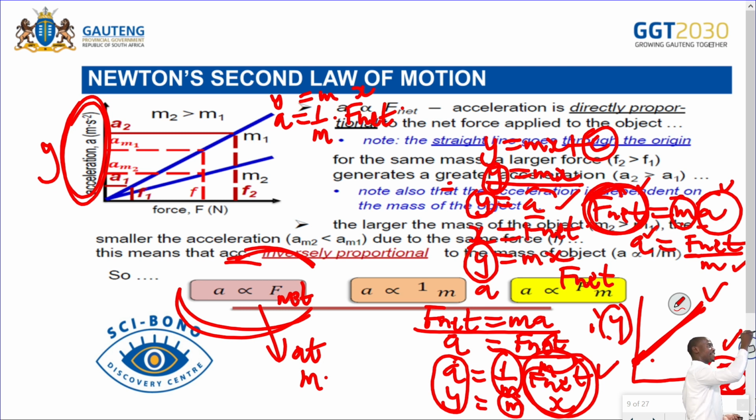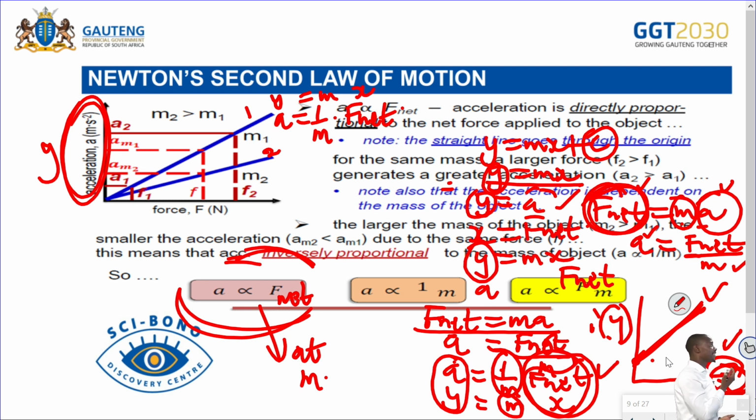My x is F net, my y is A. Then the gradient will be the inverse of the mass. So between the two objects, which object, is it object 1 or object 2, has greater mass?